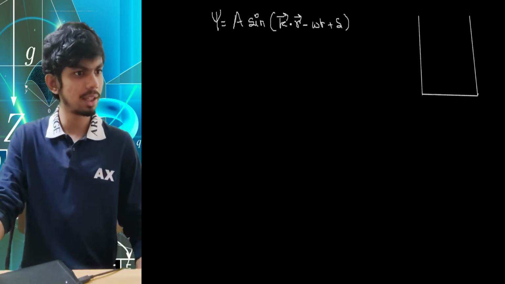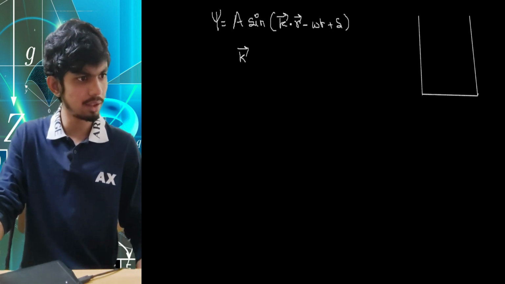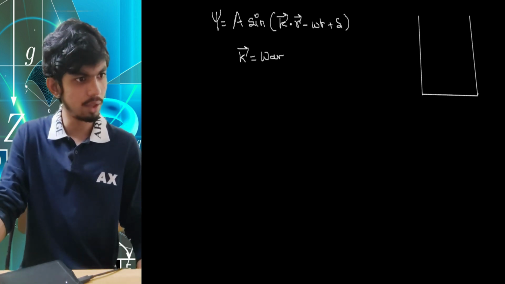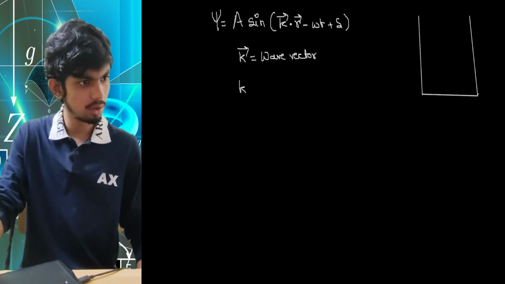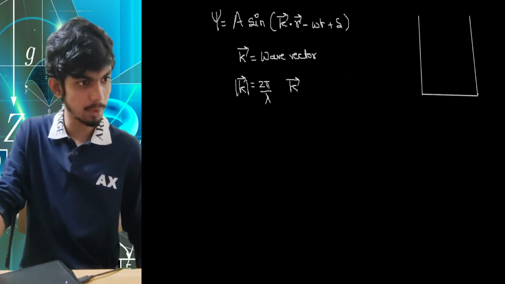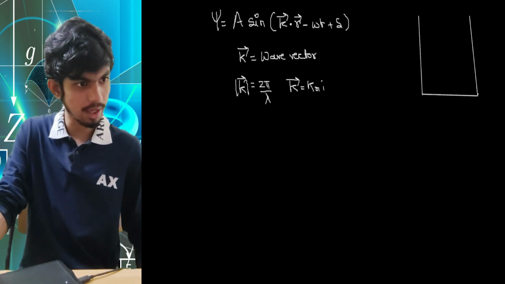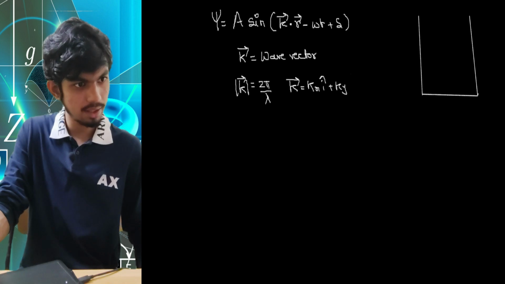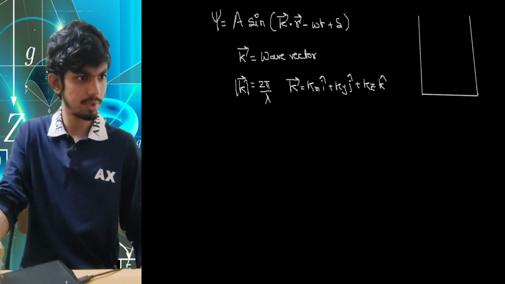Now you notice this k vector is basically called the wave vector, and its magnitude is 2 pi by lambda. Now this k vector has components which can be written in this particular fashion: kx i cap plus ky j cap plus kz k cap.